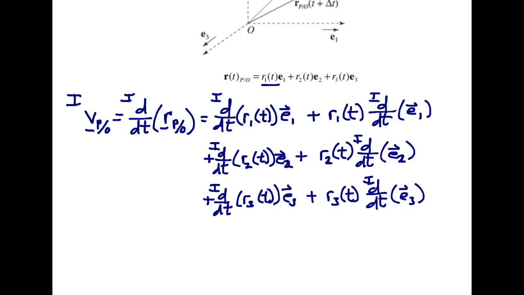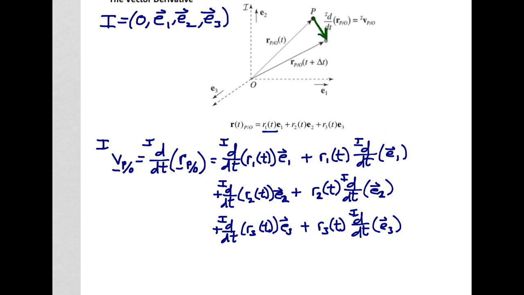And the reason why we can make a simplification is because of our definition of this reference frame. Because remember, our inertial reference frame I has an origin, which is a fixed point within the reference frame, and then we have these three basis vectors, E1, E2, and E3, which are all vectors that are fixed within the reference frame.